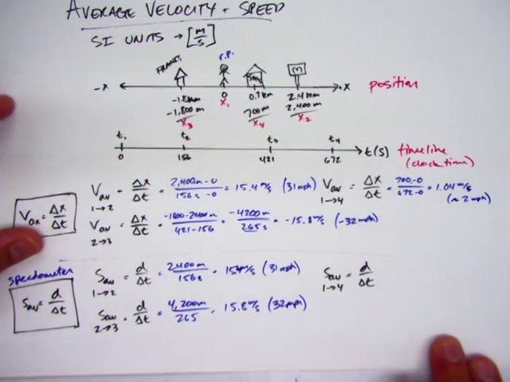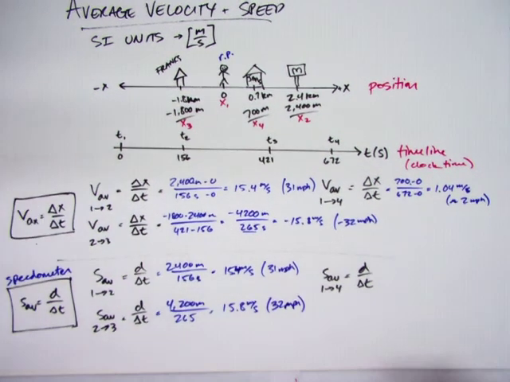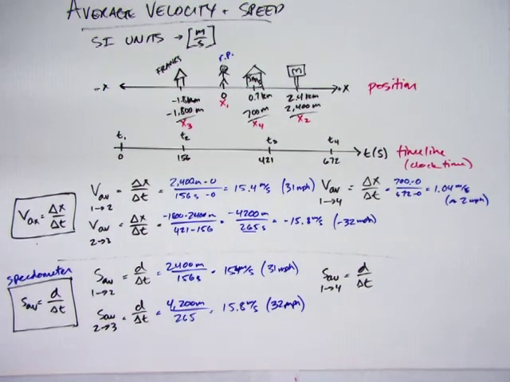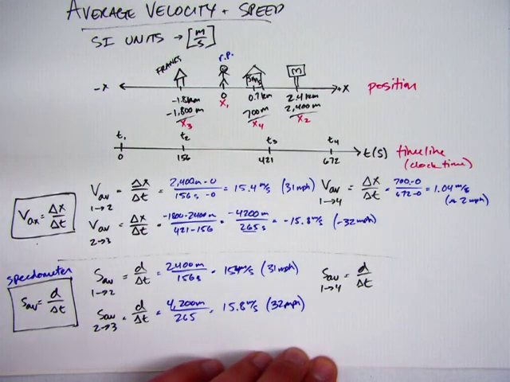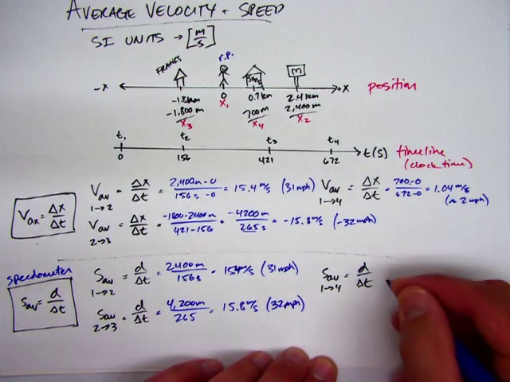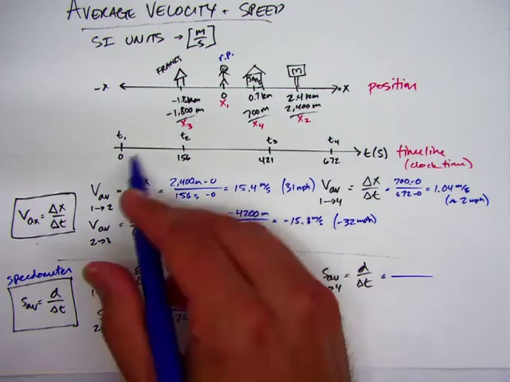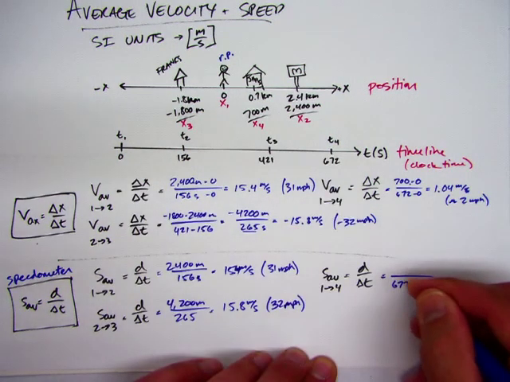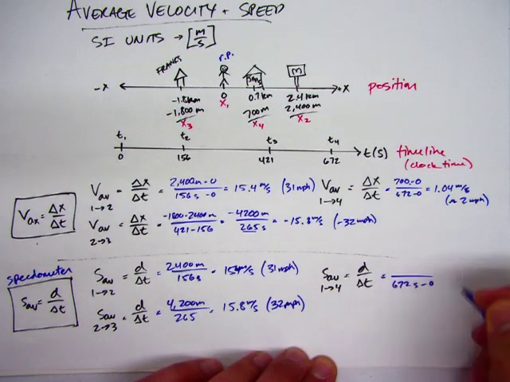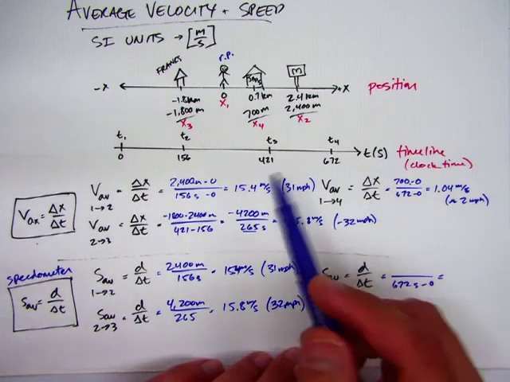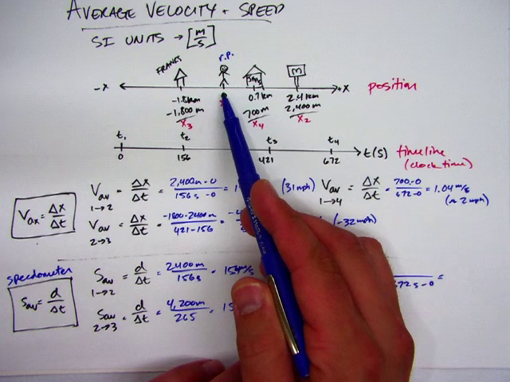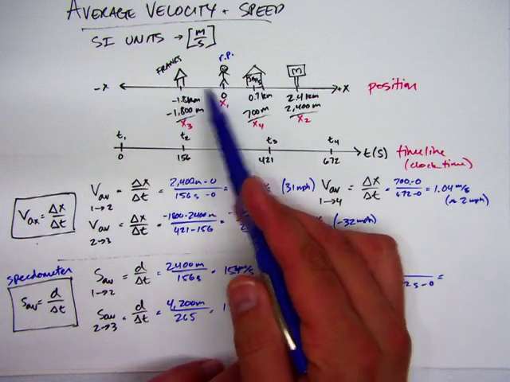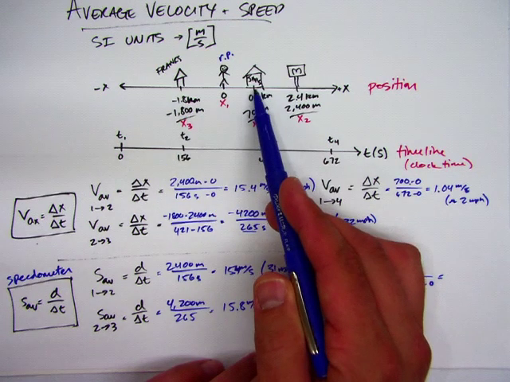And then finally, from 1 to 4: total distance from 1 to 4 over the time that has elapsed. The easy one is the time interval, 0 to 672. But now I need to add up all the distances I traveled. So I go 2,400, back 2,400, back 1,800, back 1,800, forward 700.